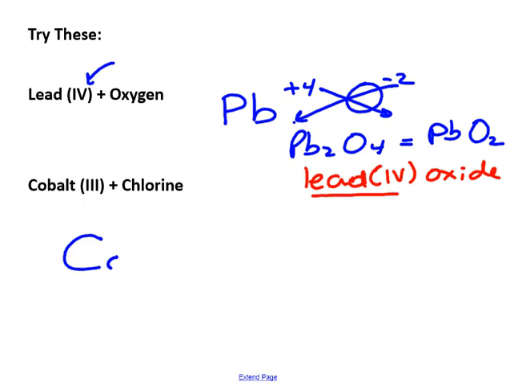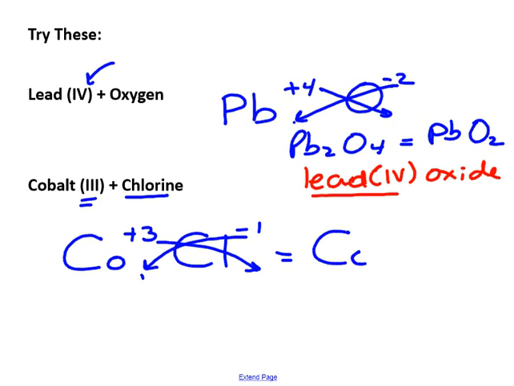Cobalt is big C, little o. Its charge would have been 3, always positive because it's a metal. Chlorine is Cl, and his charge is -1. When we crisscross, the 3 will come down after the chlorine, the 1 will come down after the cobalt. We're going to need 1 cobalt and 3 chlorines, CoCl3.